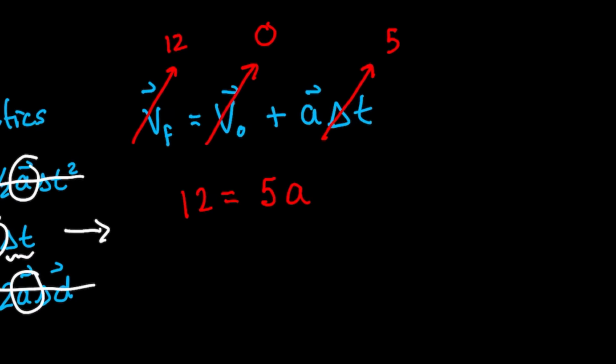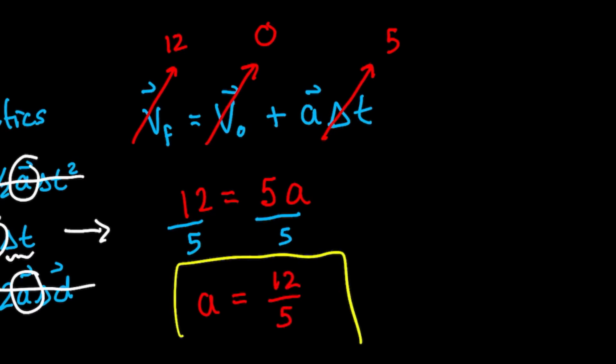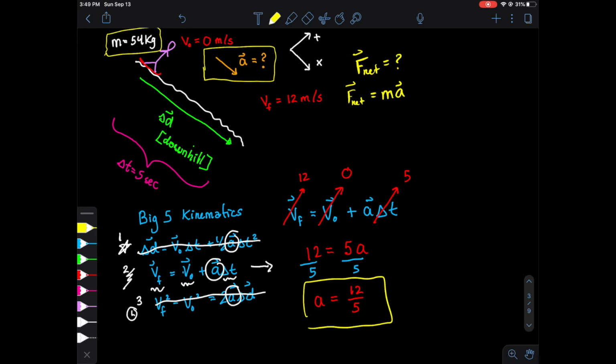At this point, all we have to do is divide both sides of the equation by 5, and we get that the acceleration equals 12 over 5. This is useful because now we have the acceleration.